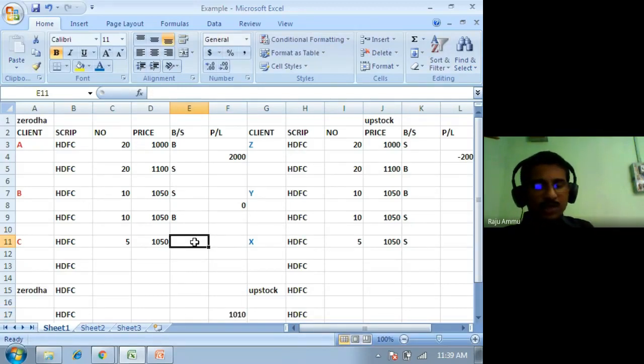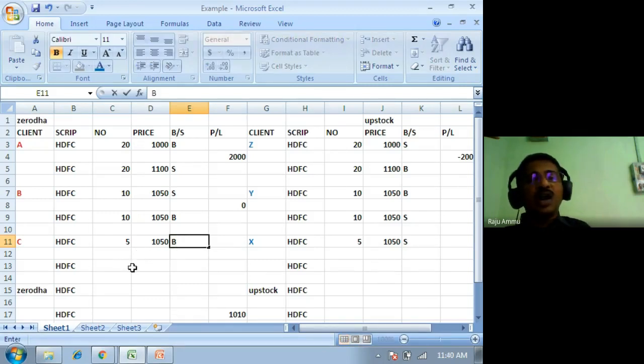Sorry, I have not written here what has been done by this person. This is a buy, isn't it? Now if these are not closed by the respective clients, what will the exchange do? They will square off the position.